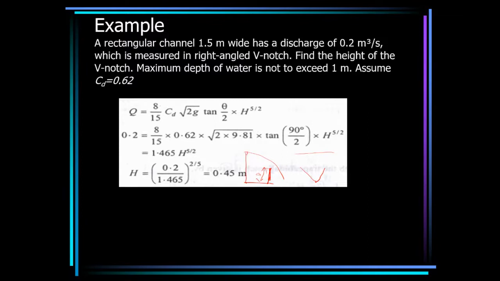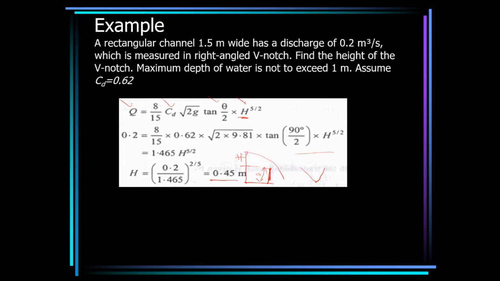So this is a triangular notch formula, and the flow rate has been provided. Q is provided, CD is given, theta is 90 because it says right angle. So we first need to find the head of water above, which is H. So we need to find H. Using this formula, we found H to be 0.45.